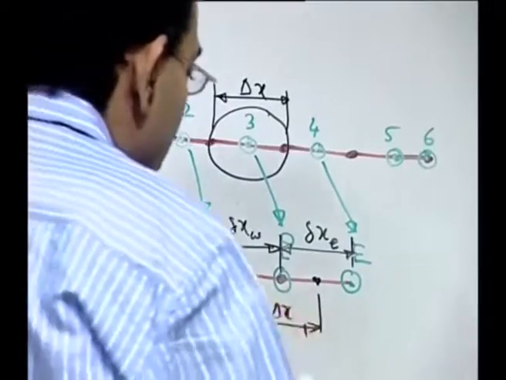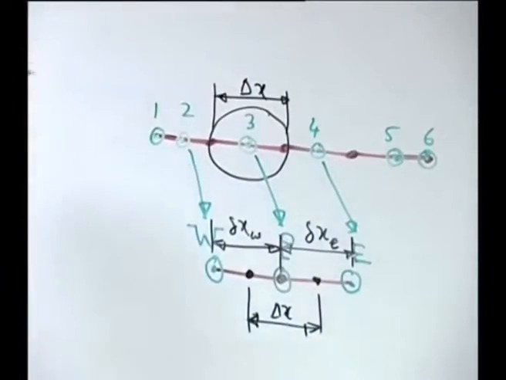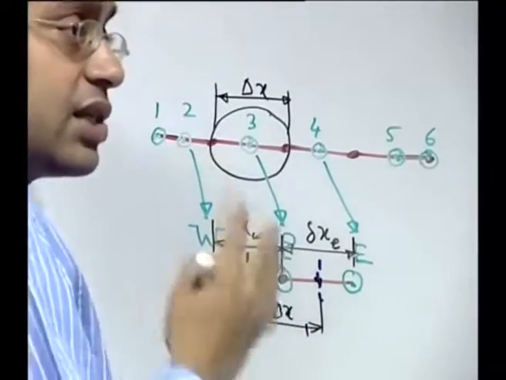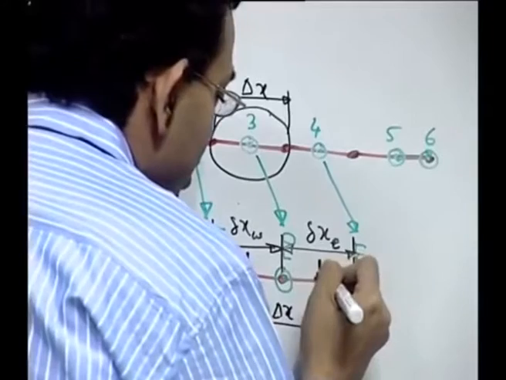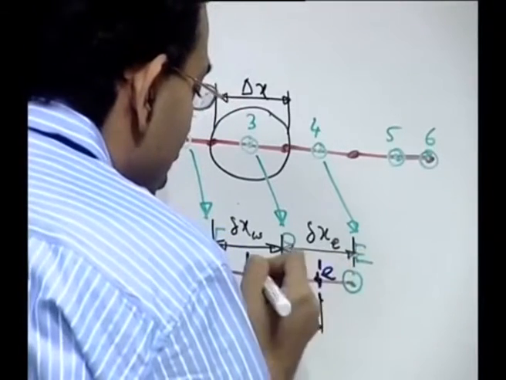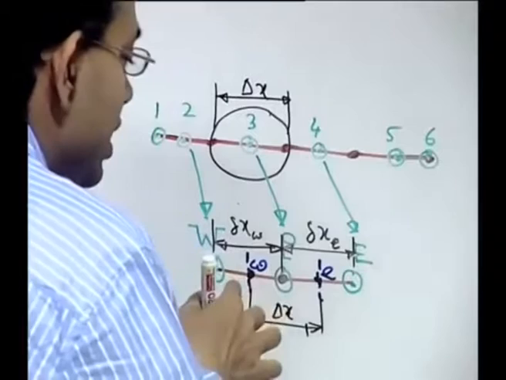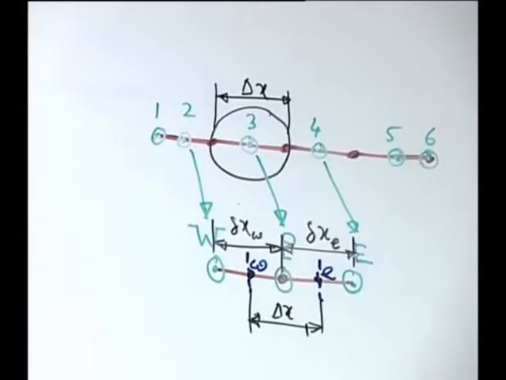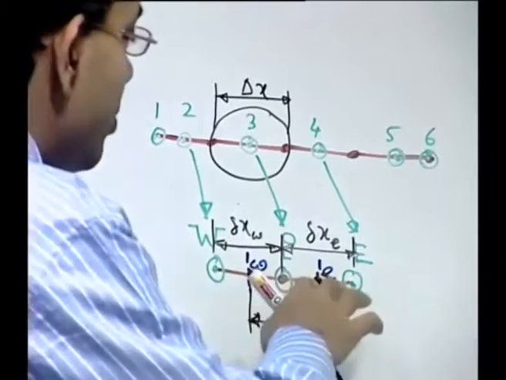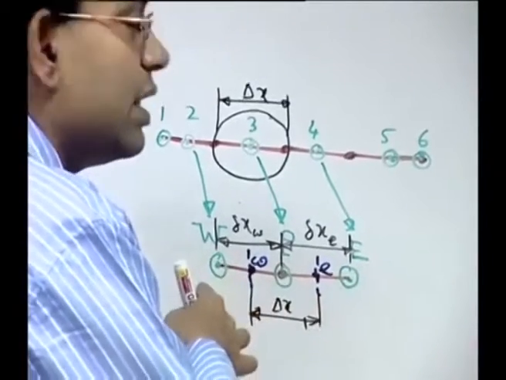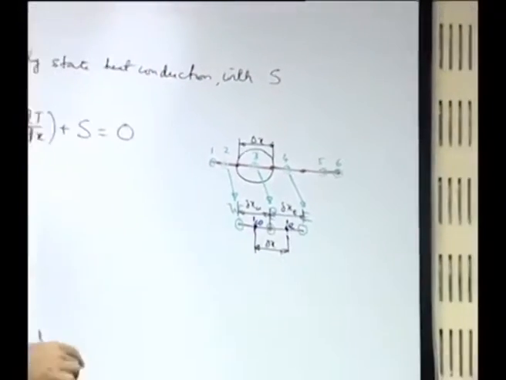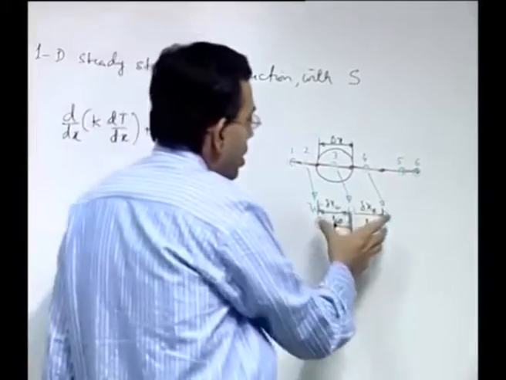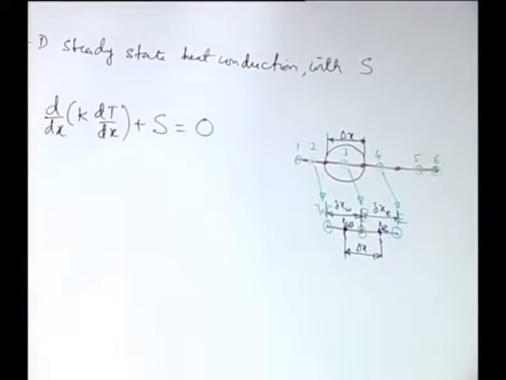And you can easily recognize that these locations are nothing but the faces of the control volume. So, this is the east face, given by small e, and this is the west face, given by small w. Faces of the control volume are designated by lower case alphabets and the main grid points are designated by uppercase alphabets, that is the standard nomenclature. So, this is the nomenclature for a 1 dimensional control volume.